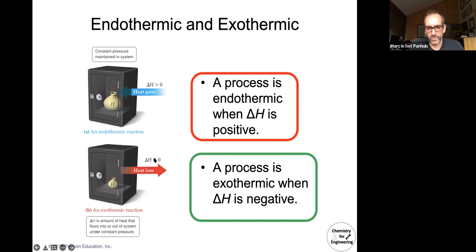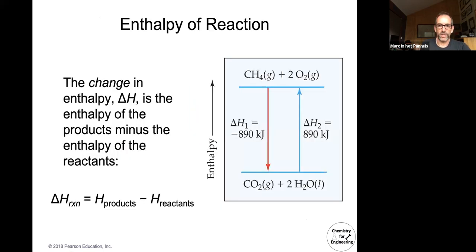So delta H will be smaller than 0 and we lose heat out of the system. Or, what is written here at the bottom, delta H is really the amount of heat that flows into or out of the system, obviously it can go in and can go out, under constant pressure, which is what we're looking at. So we can start applying this concept of enthalpy to our reactions.